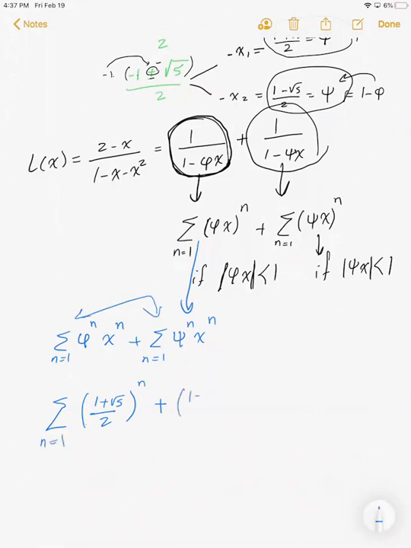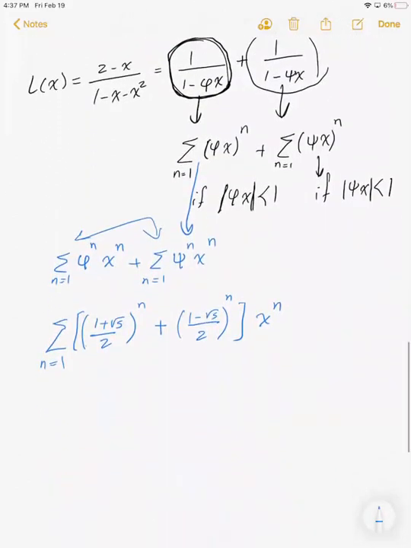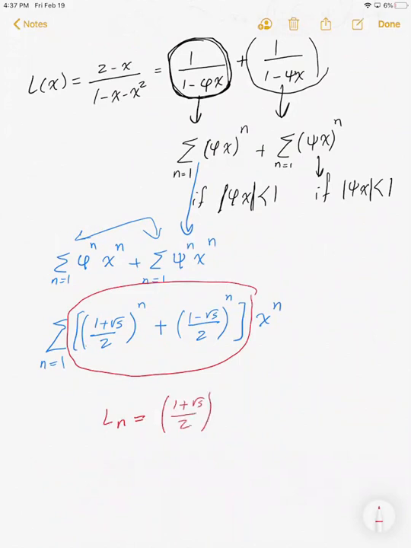And this is 1 minus the square root of 5 over 2 to the power n, and then x to the power n. So now this piece is the explicit formula for L sub n. So L sub n is equal to 1 plus the square root of 5 over 2 to the power n plus 1 minus the square root of 5 over 2 to the power n.